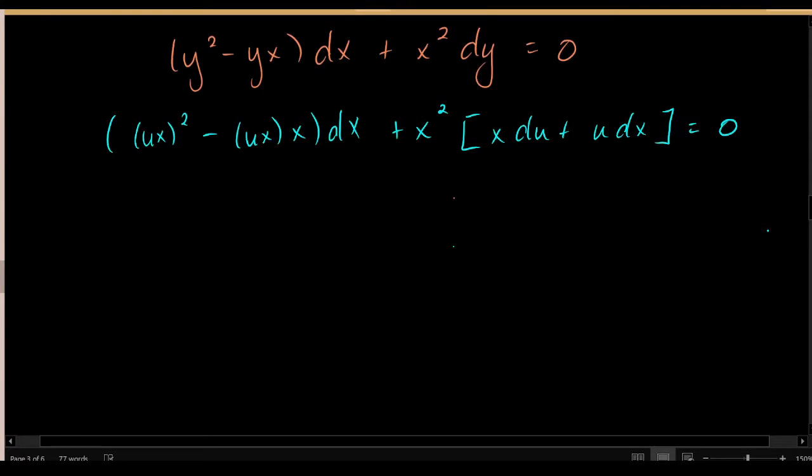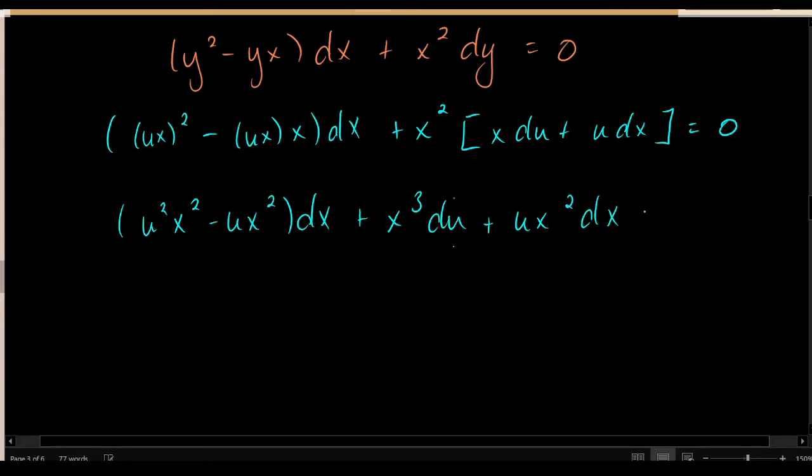So now that we've done the change of variable, let's go ahead and try and clean this up. This is going to be equal to u squared x squared minus ux squared times dx plus x cubed du plus ux squared dx.